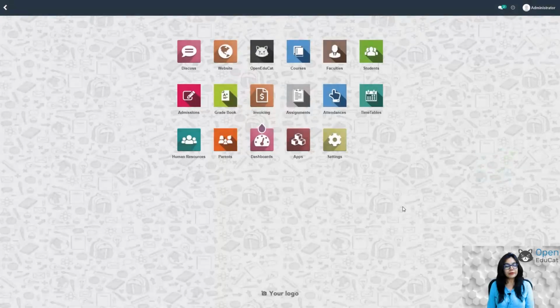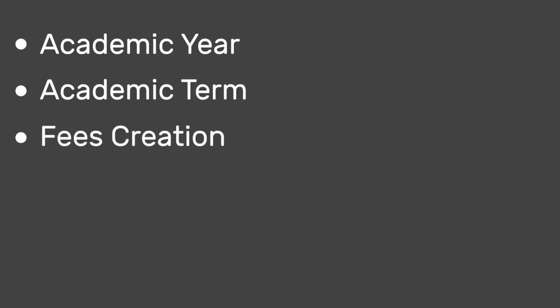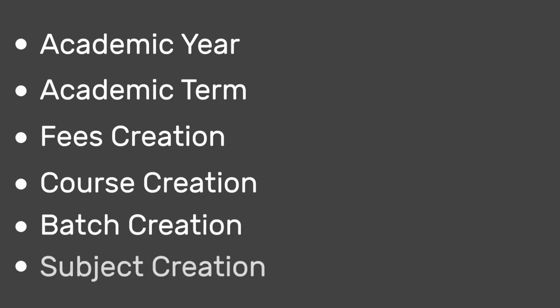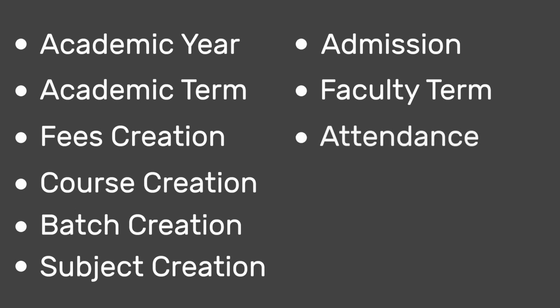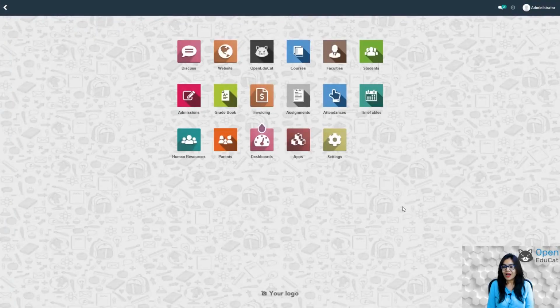Now the most important third thing for any school: creation of academic year, academic term, fees, course, batch, subject, admission, faculty term, attendance, timetable, assignment and gradebook. These are all important for any small school. Now I am going to cover all this configuration one by one.